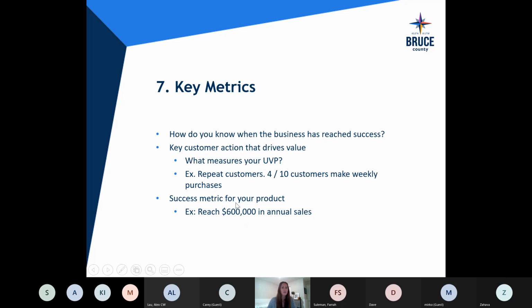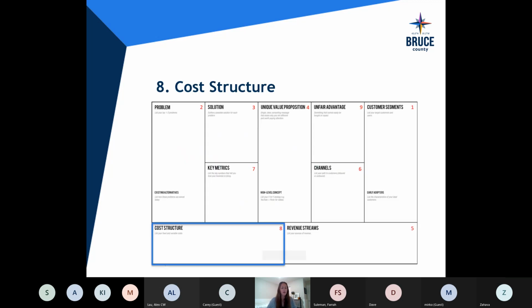And then your other is focused on you. What do you need to make this all worthwhile? So I'm going to just throw this out there. I want $600,000 in annual sales in my first year. That's fine. That's what I've identified. Now that's my key success metric for my product. So now I have those 2 to think about constantly when I'm running my business. Am I on track to meet my goals?